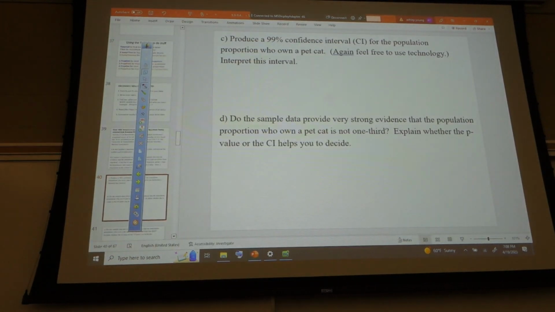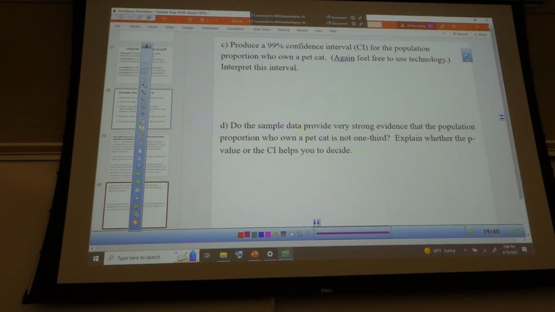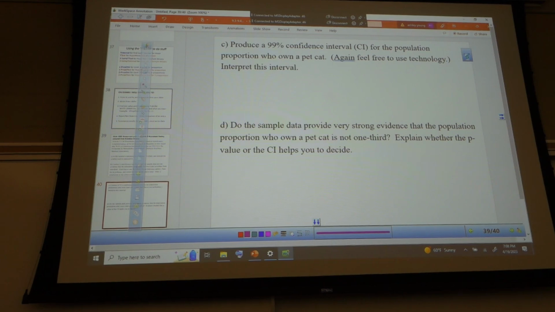The thing about the test is it doesn't tell us what the percentage is. It just says it's not that. If we do a confidence interval, that will give an approximation of what the interval should be. So I'm going to do this, which is going to be easy.